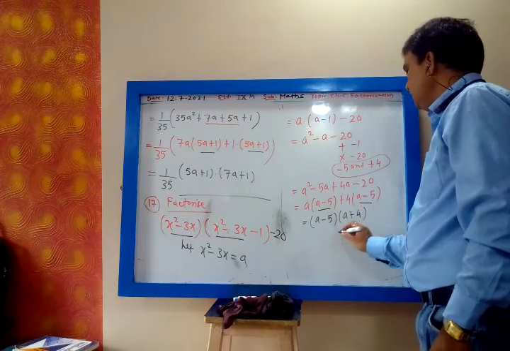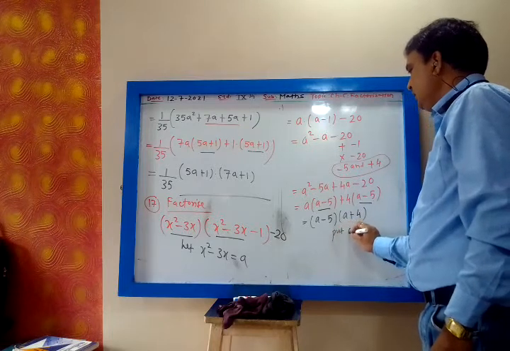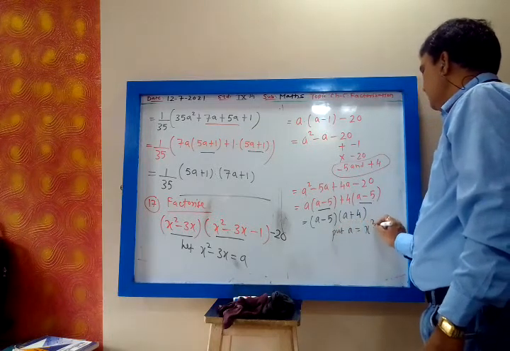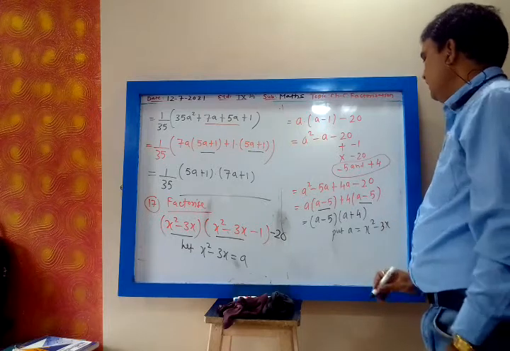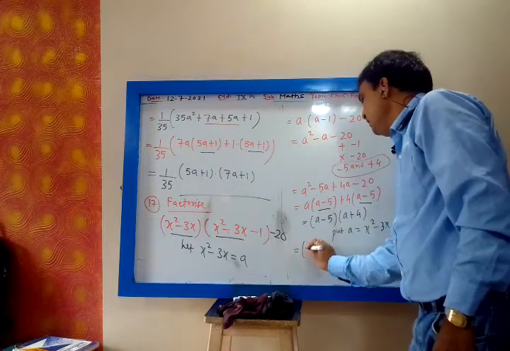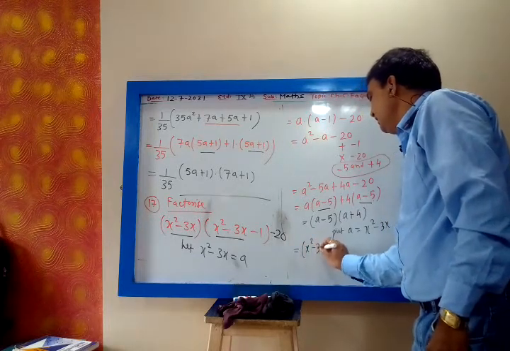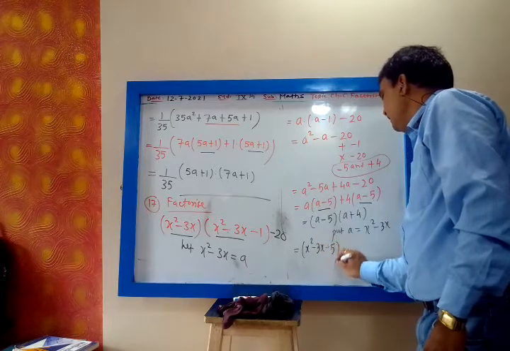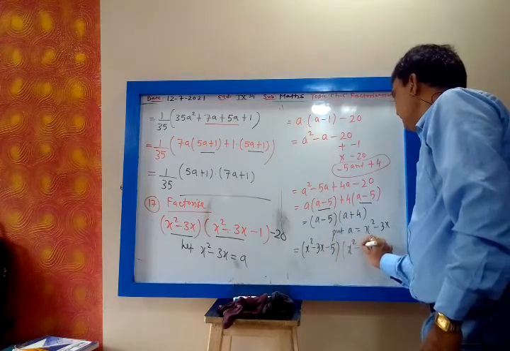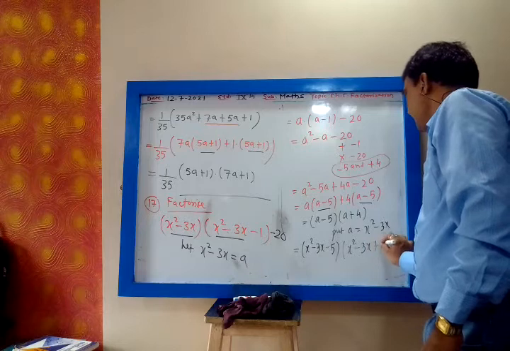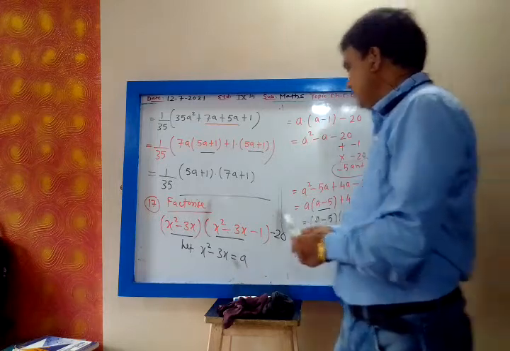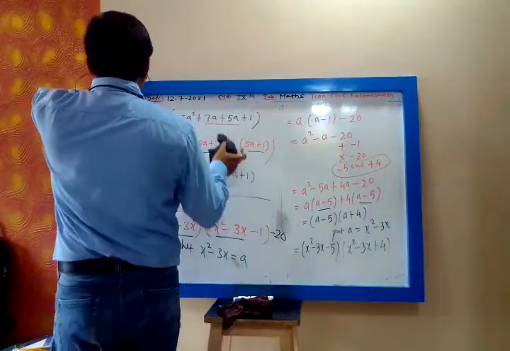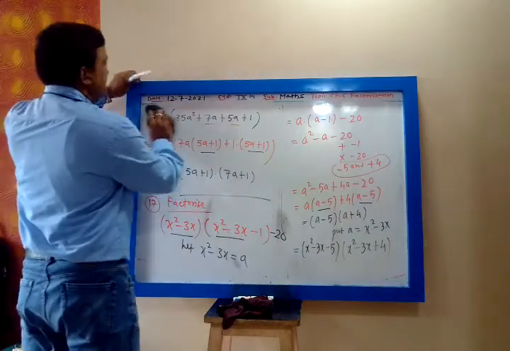Do not forget to put the value of a. Put a is equal to x square minus 3x. So that becomes x square minus 3x minus 5 and x square minus 3x plus 4.